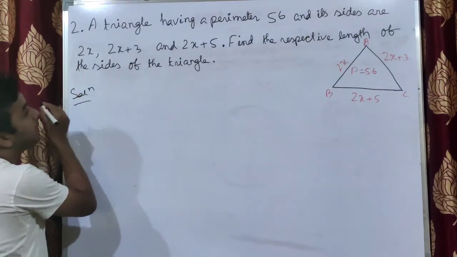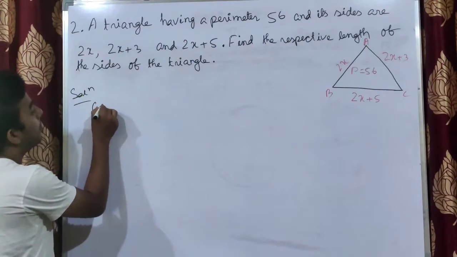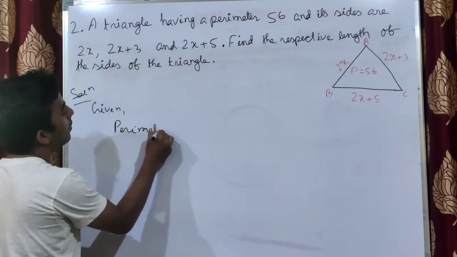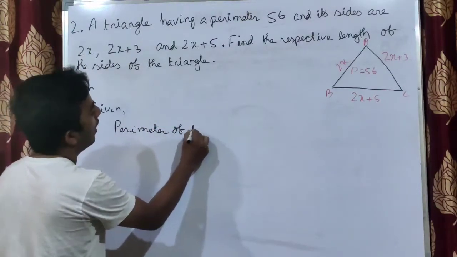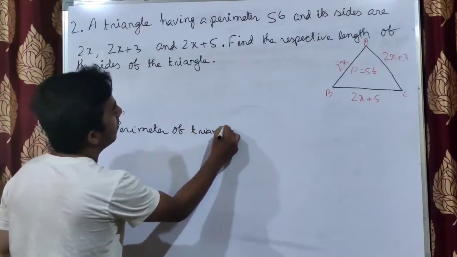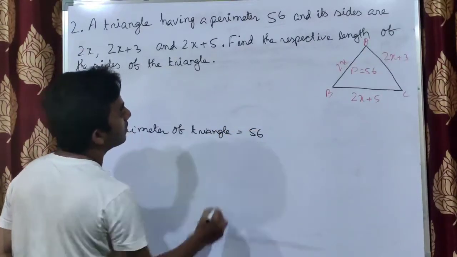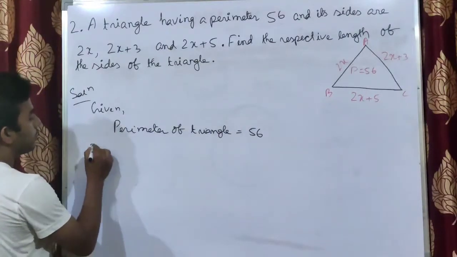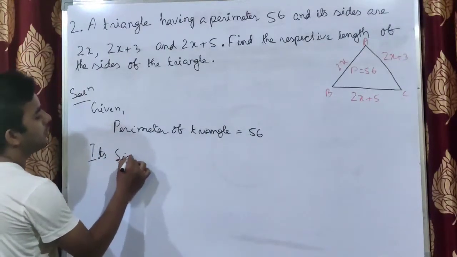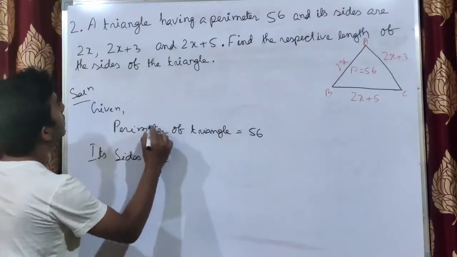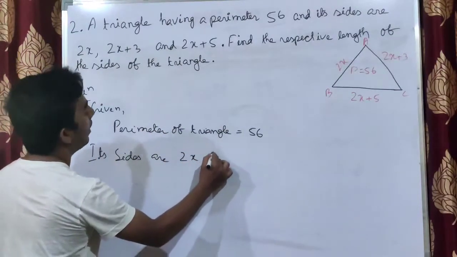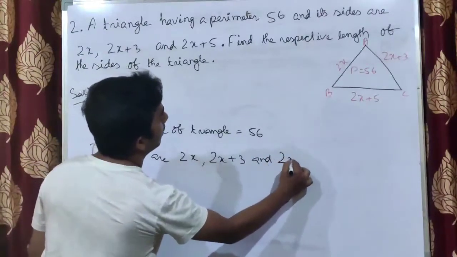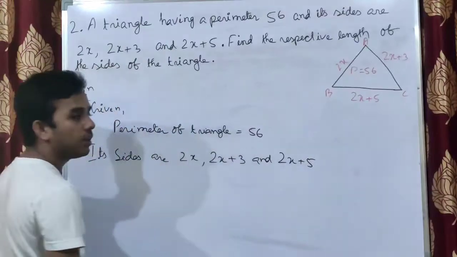First of all, we will write the solution. Given: perimeter of triangle equals 56, right? And its sides are 2x, 2x plus 3 and 2x plus 5, right?